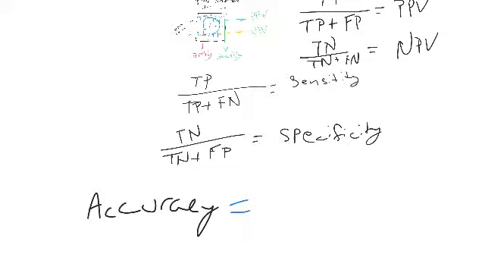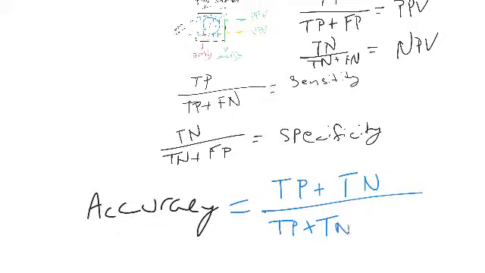And so in our table, we have true positive plus true negative over everything. Everything in the table. True positive plus true negative plus false positive plus false negative. That's your accuracy.